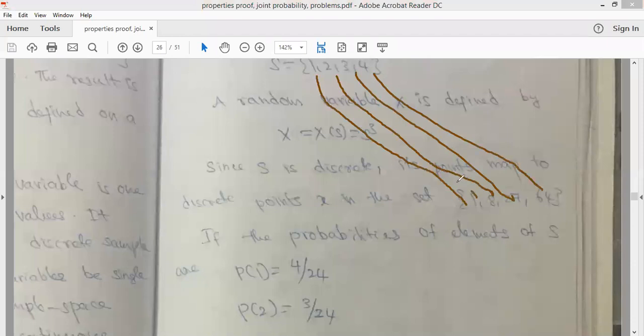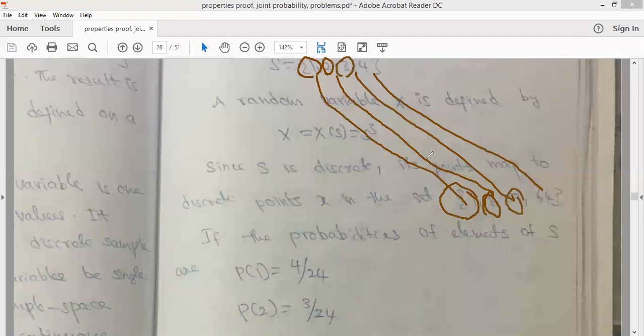Now the probability that random variable X is equal to 1 will be the probability of 1 only. Probability of random variable X is equal to 8 will be equal to probability of 2. Probability of random variable X is equal to 27 will be probability of 3.